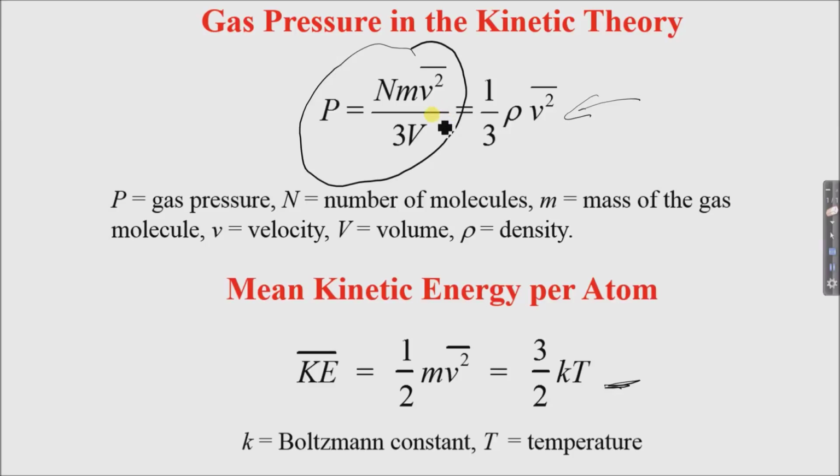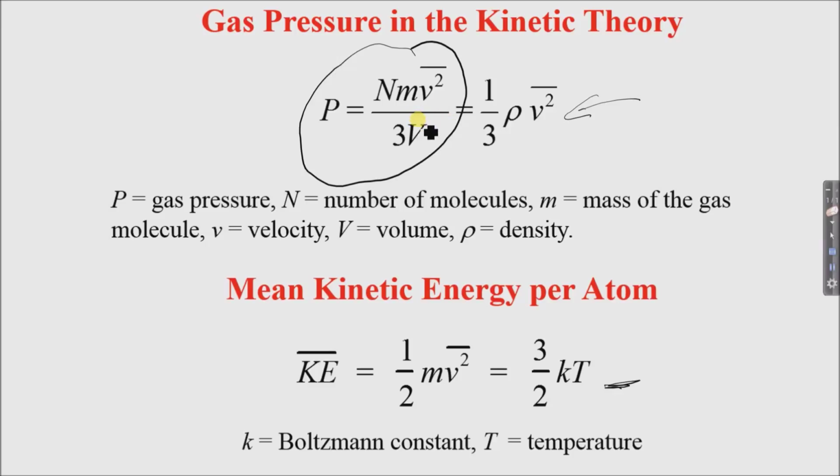So we come now and then we can say PV equals 2/3 n, and that equals 1/2 mv squared, the mean velocity squared. And so what we've really done is we've dissected this, okay?